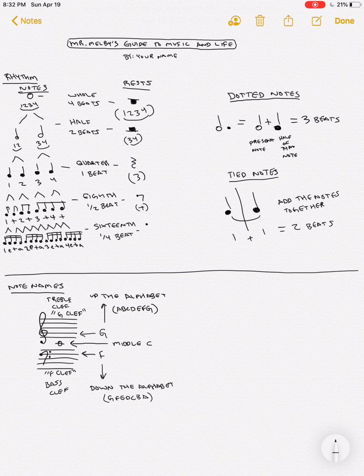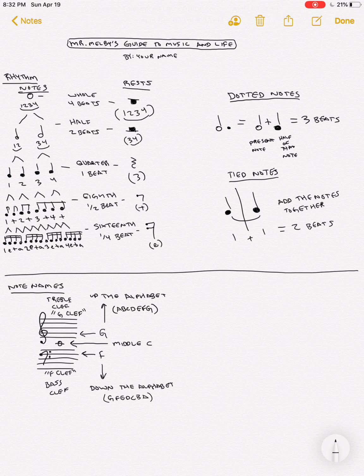Just like 16th notes have 2 beams, 16th rests look like 8th rests, but with 2 tops of the 7. We put the count in parentheses to indicate that there is no note sounding in the music at that time.